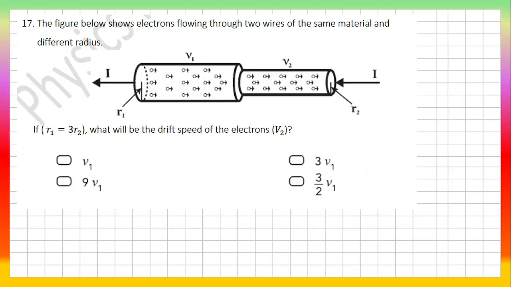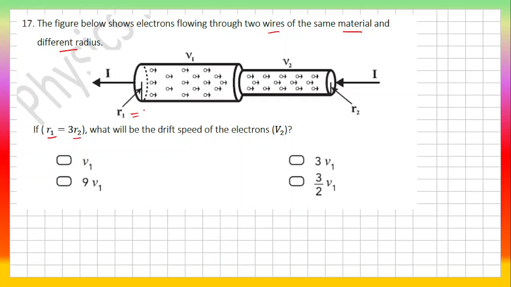Question number 17. The figure below shows electrons flowing through 2 wires of the same material and different radius. Same materials but different radius. Okay. If R1 is equal to 3R2, R1 is here.